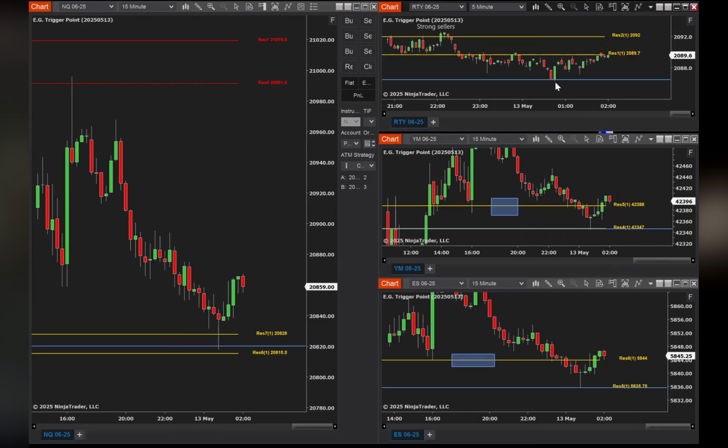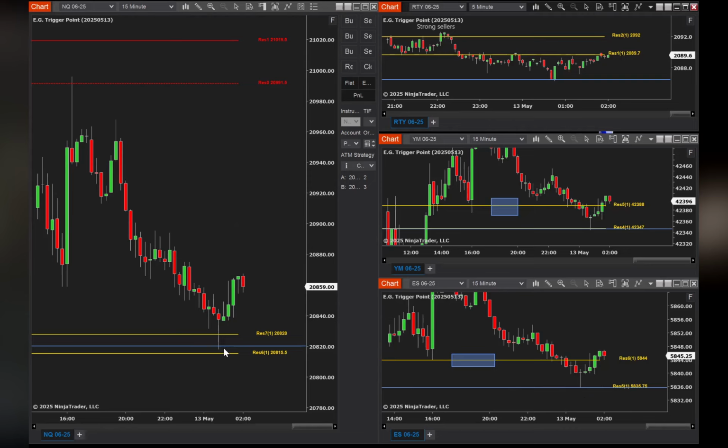It has nothing to do with what the market wants to do from this point. What the market wants to do from this point, the correlated trigger points will tell you. Not what the market has done before, but where the market is right now together.